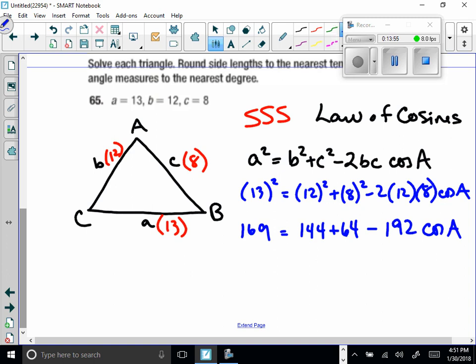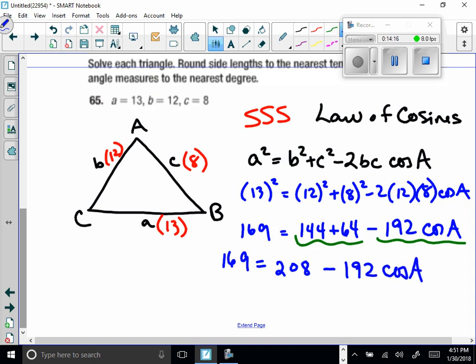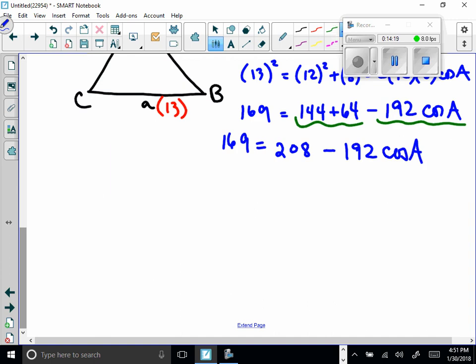cosine A. Now it gets kind of sneaky here because I can add these together, but this is the coefficient on cosine of A, so I do not want to include that in my sum. This gives me 169 equals 208 minus 192 times the cosine of A. I'm going to subtract 208 from both sides, and that gives me negative 39 equals negative 192 cosine A, and then I can divide to get cosine of A by itself.